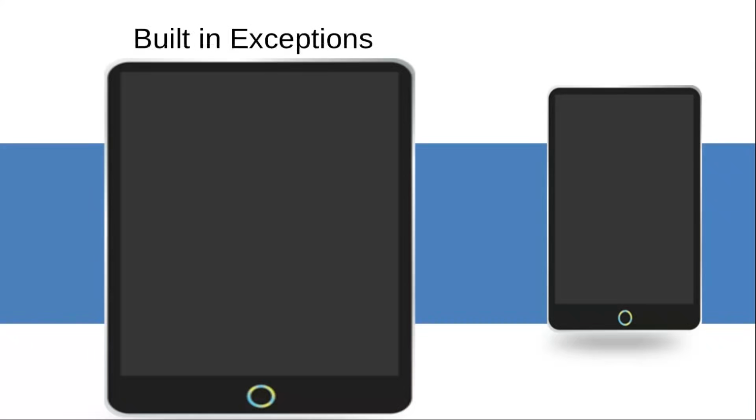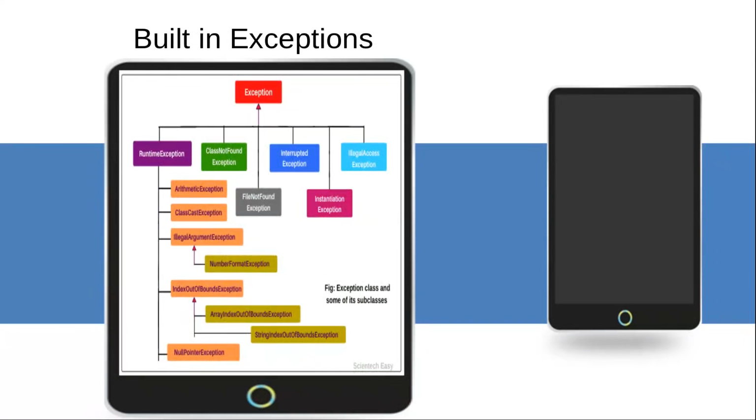Now, built-in exceptions. What is a built-in exception? As I told you earlier, they are exceptions that are written by the system in the Java API. Those exceptions which are written in the Java API.